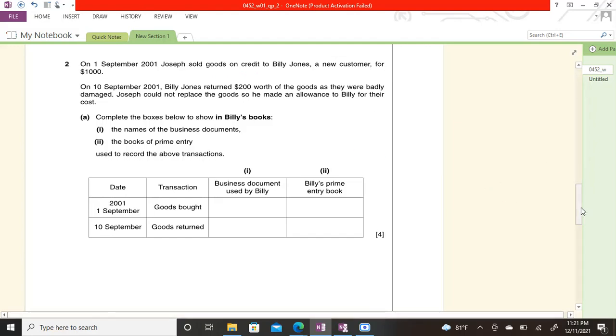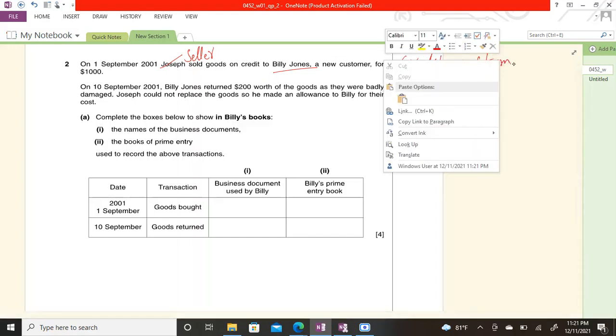So Joseph is the seller, and the credit customer is Billy Jones.